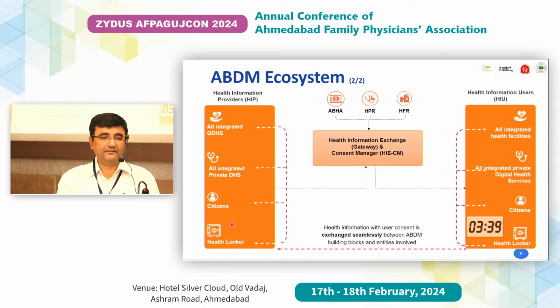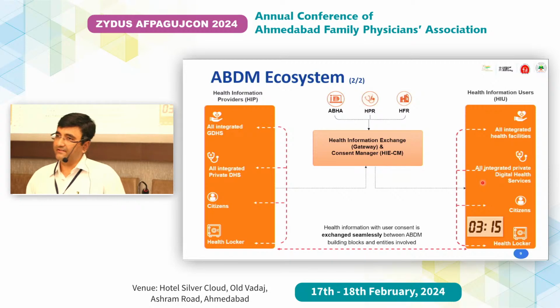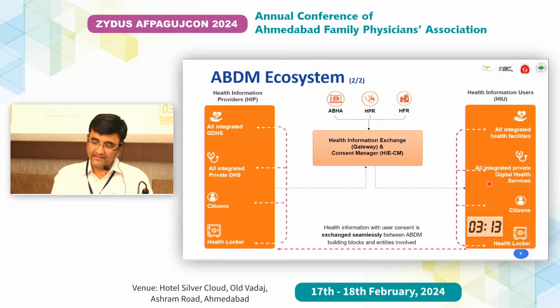And a health locker, where the citizen's data or any other data is stored and may be accessed based on consent, may also be a health information provider. In the same way, it may be used at various hospitals, be it government hospitals or private hospitals. It may be used by citizens as well, storing data, linking it on a personal health record application and a health locker as well.